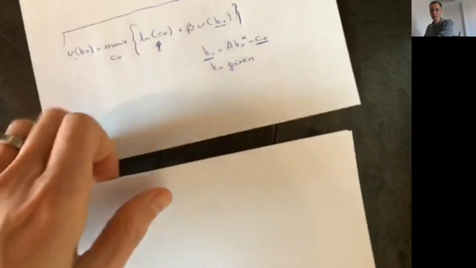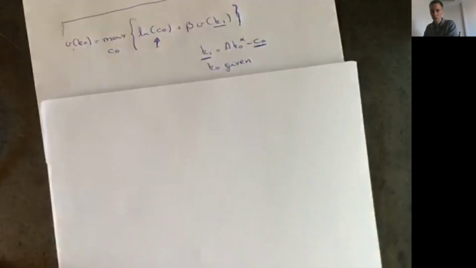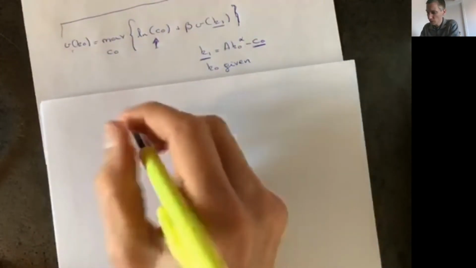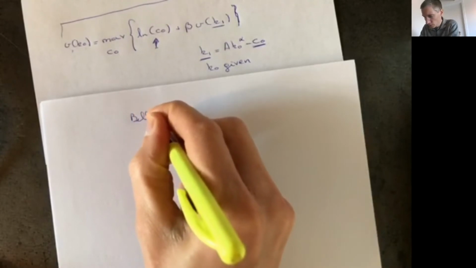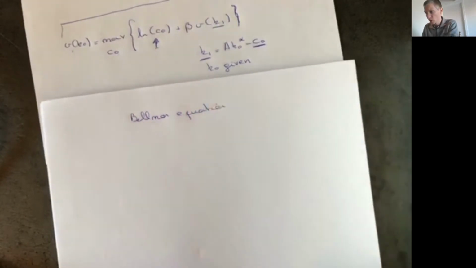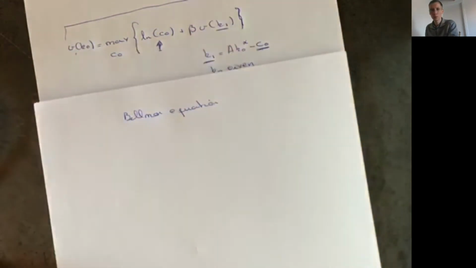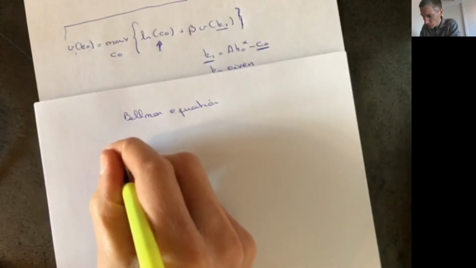Let's have a look here at this equation. This equation here is called the Bellman equation. Here I've written it for the Koopmans model, the growth model, but in general it can be written like this, right?